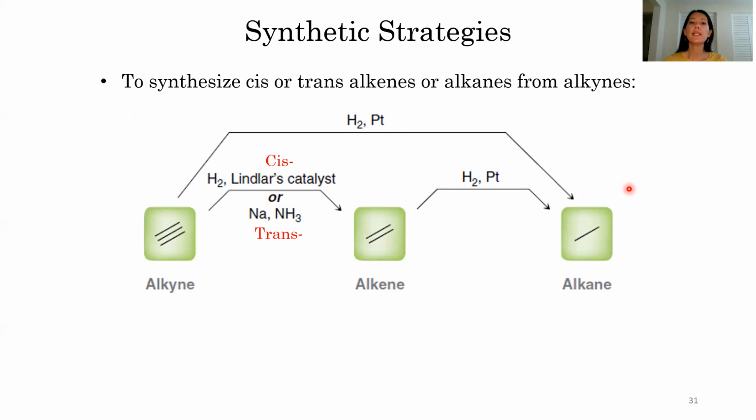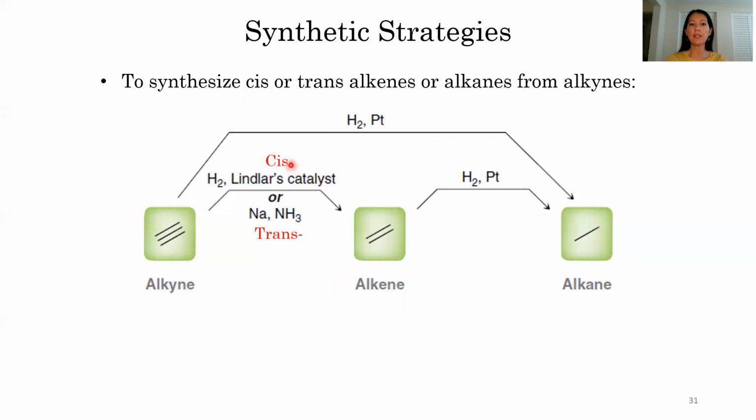Okay, now we're getting into synthetic strategies. So this is kind of the end part of this video, but basically I'm going to show you key tools to synthesize things and just key groups that you need to be aware of and how to do those transformations. So first, just remember, you can go from an alkyne to an alkene.